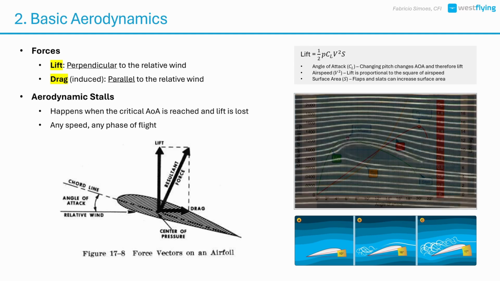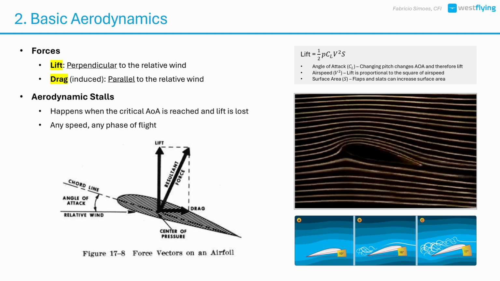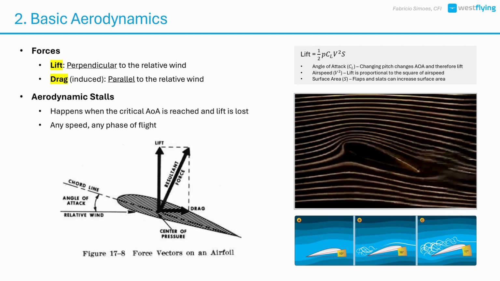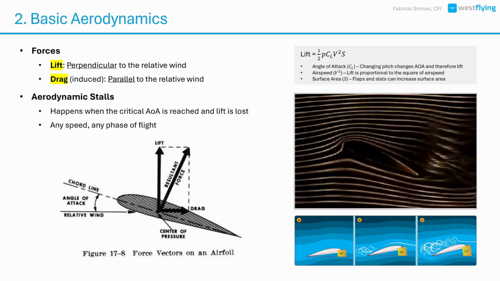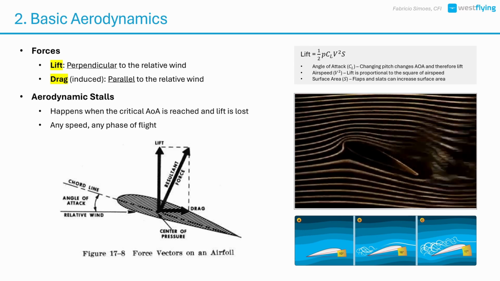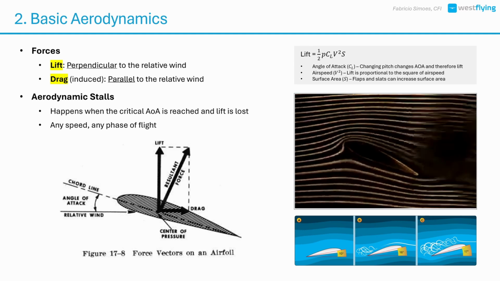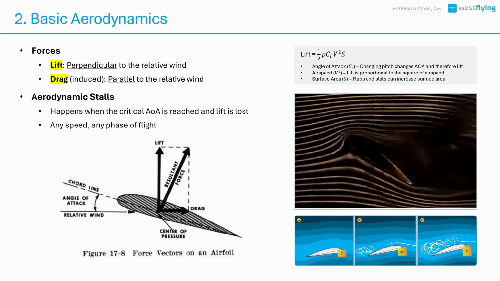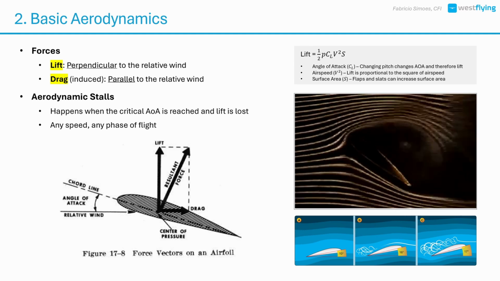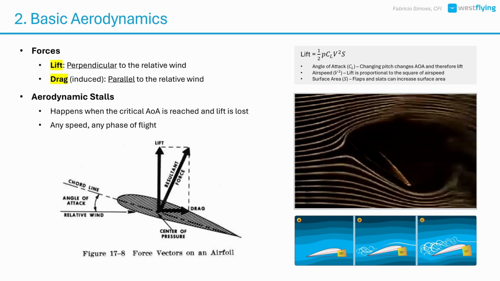As we increase the angle of attack, lift and induced drag increase. This doesn't go forever, though. At some point, and that's what we call the critical angle of attack, the airflow will detach from the airfoil surface, lift will be lost, and we will have an aerodynamic stall. So here's an important lesson. An aerodynamic stall can happen at any airspeed.